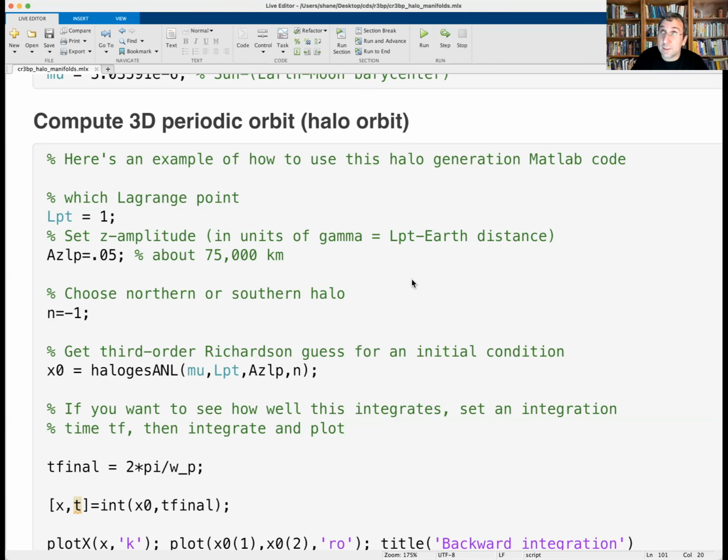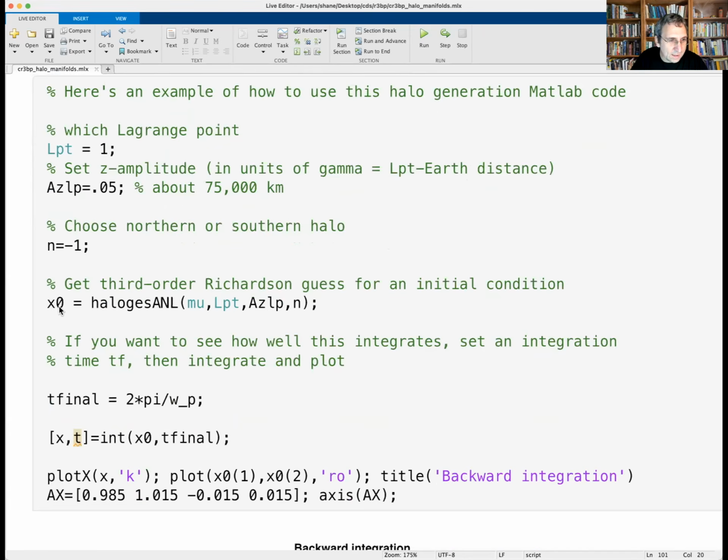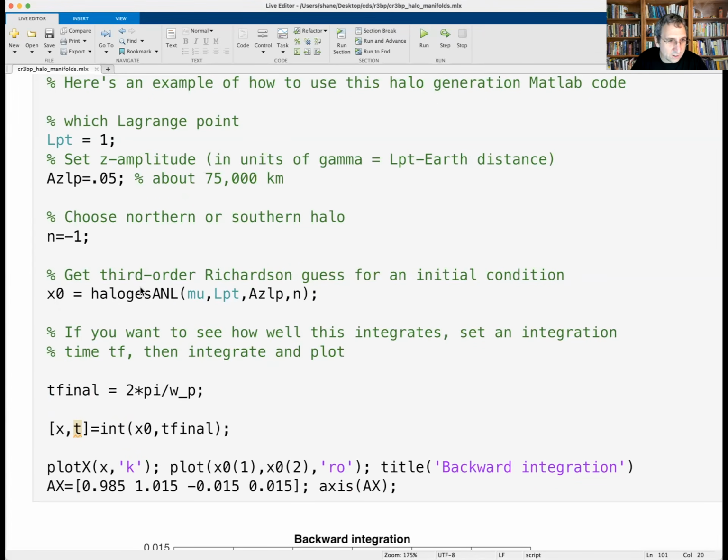L1 to Earth is about 1.5 million kilometers. So 0.05 is 75,000 kilometers. We can choose whether it's a northern or southern halo. And then this calls a function that just evaluates the Richardson approximation at a single time. So we don't really care about the whole trajectory. We just want an initial condition.